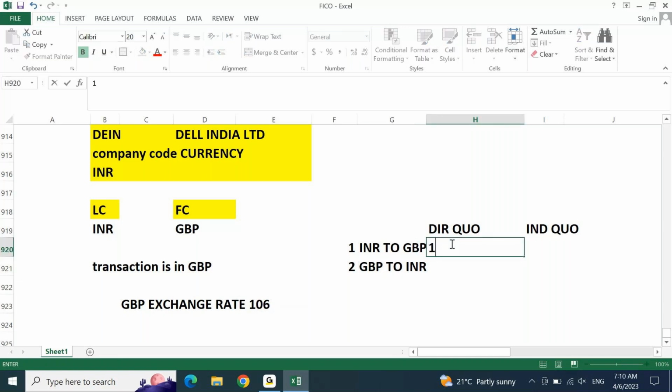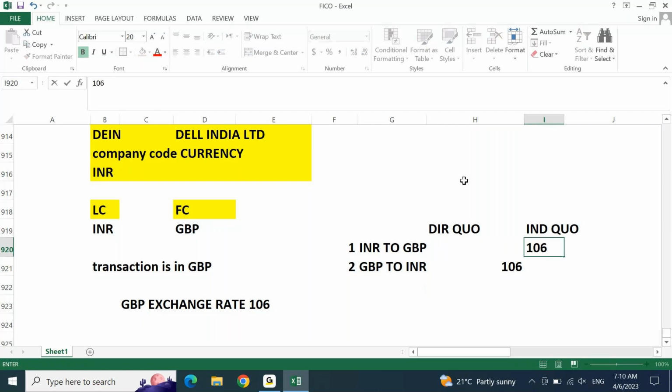Is this correct or wrong? Wrong. Your direct quotation is always foreign currency to local currency. Where is your foreign currency to local currency, GBP to INR, first or second? Second one. Here you have to put 106.